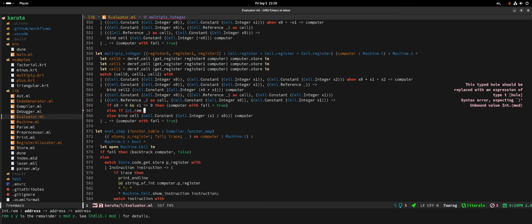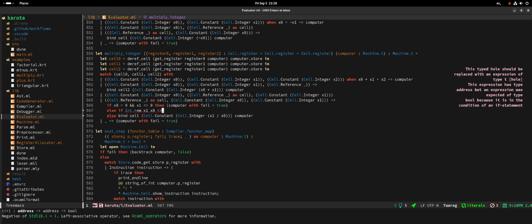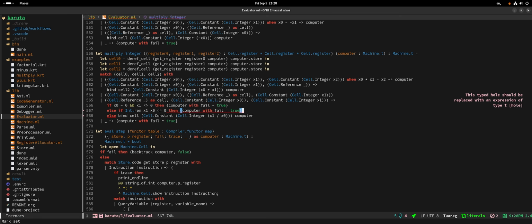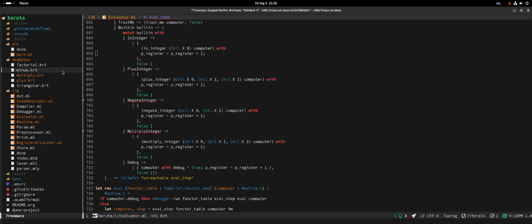Okay, so if rem between x1, x0 is different than 0, then we should also fail. Like this. I guess that's something.